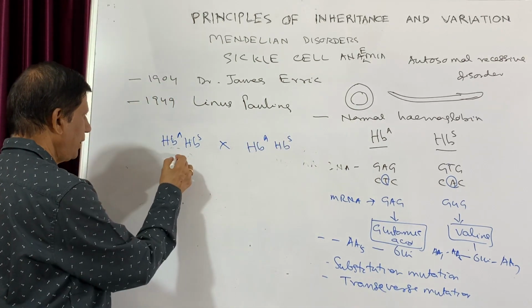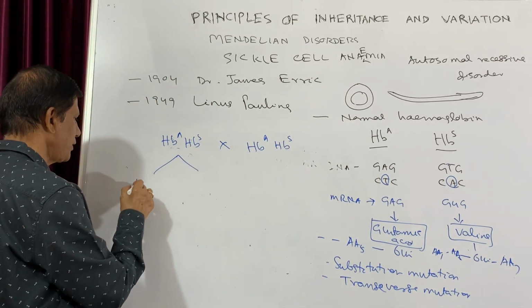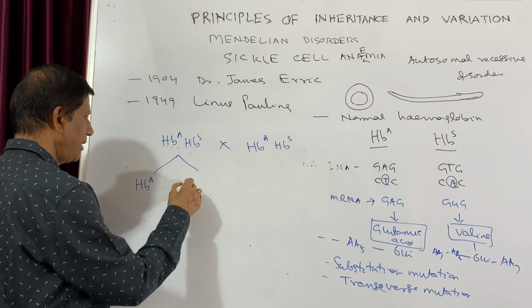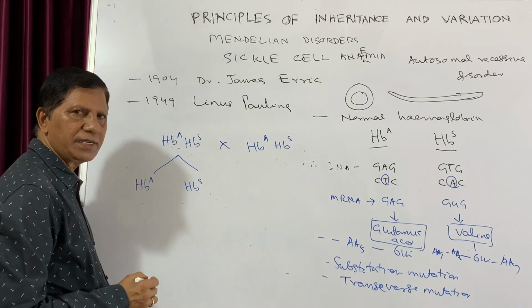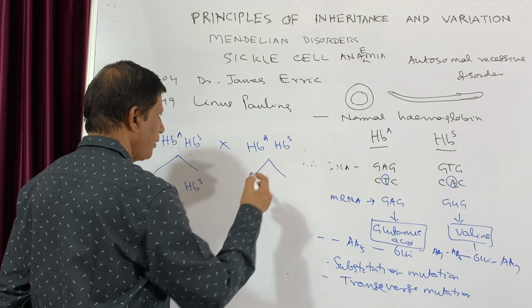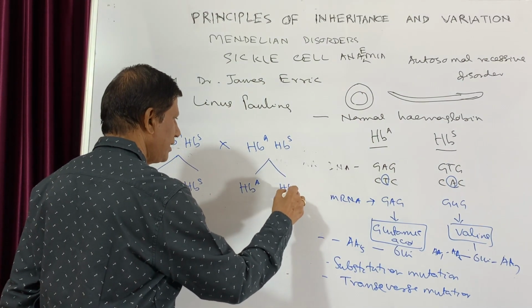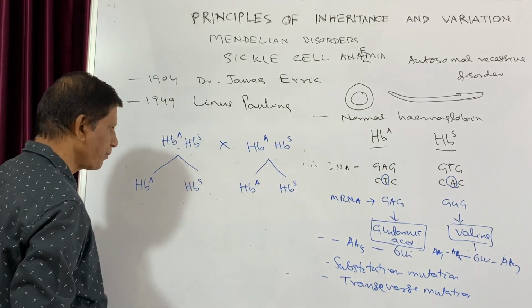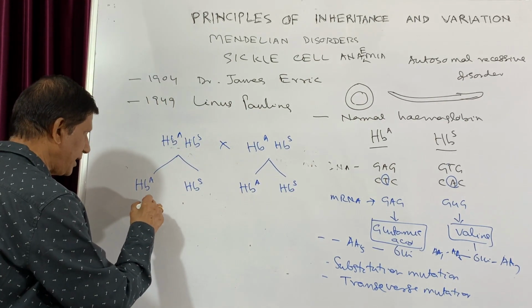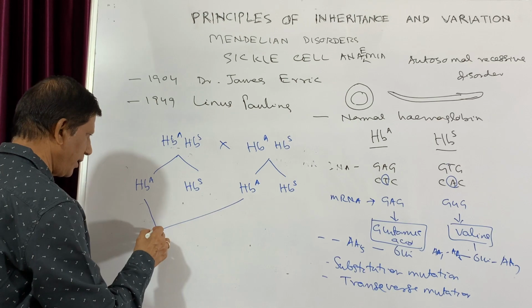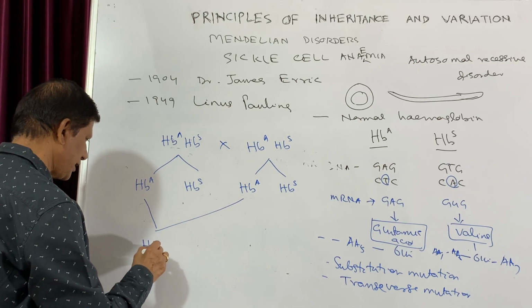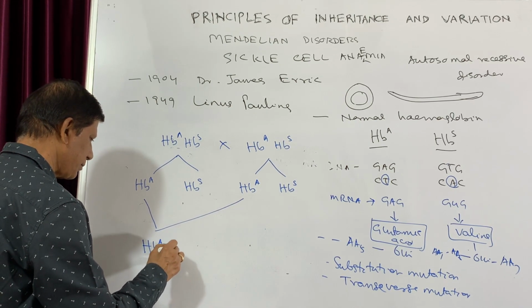Now the father will produce two types of sperms. This is the normal one, and this is the sickle cell type. The mother also will produce two types of ova. This is the normal type, and this is the sickle cell type. Now, when this will fuse with this one, then it will be HBA and HBA.